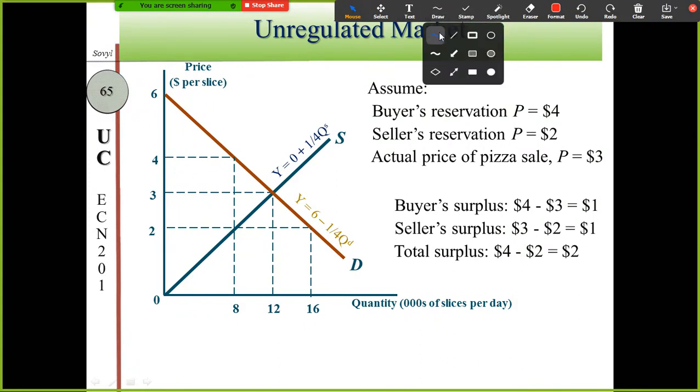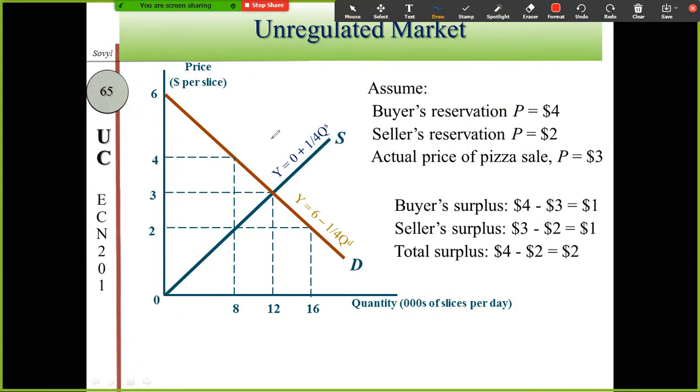Yes, I need to write something. A graph. This is the pizza supply in thousands of slices, and this is the price per slice. If one customer buys at 8,000 slices, is it totally 8,000?